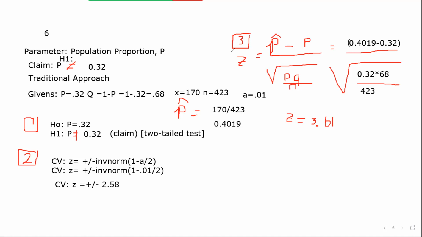Now, step 4 is my decision. So what I'm going to say is that I have reject HO or do not reject HO. And so if you remember, we have a two-tailed test here.